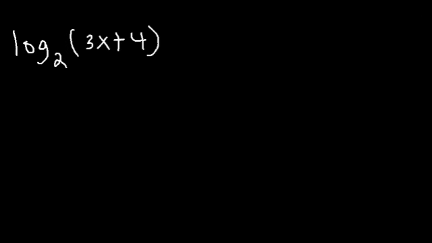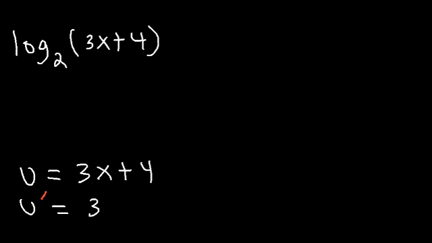Now let's try some more examples. Let's find the derivative of log base 2 of (3x plus 4). So u is equal to 3x plus 4. u prime is the derivative of 3x plus 4. The derivative of 3x is simply 3, and the constant 4 will become 0. And a is equal to 2.